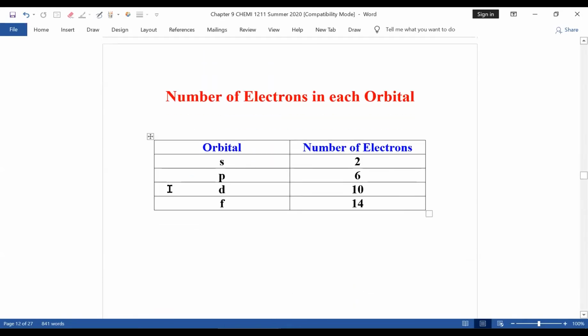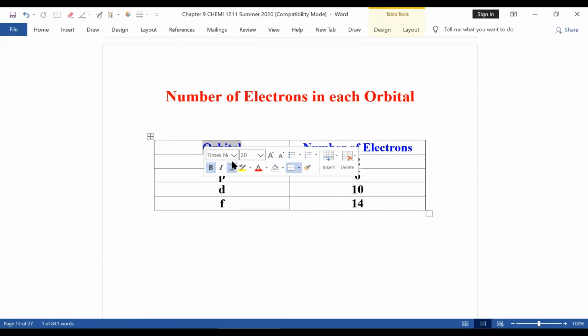Now, the subshells, and on the test, this is what's in your book, but I'll change this. Subshells can only contain a certain amount of electrons.